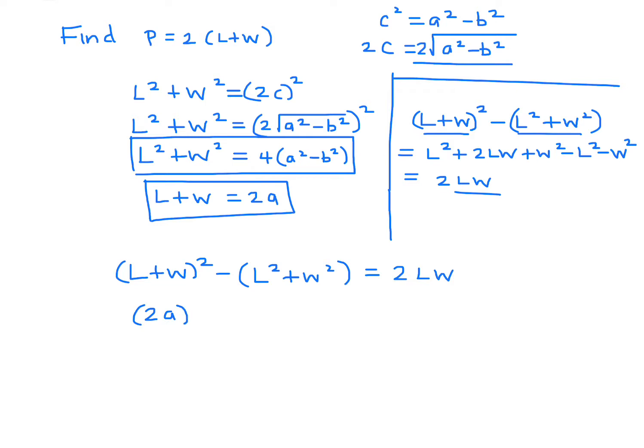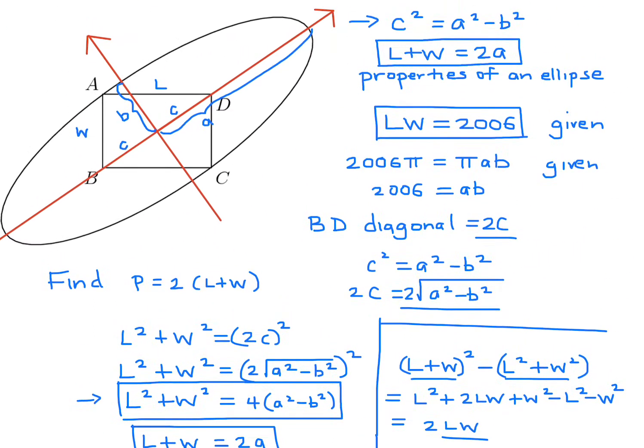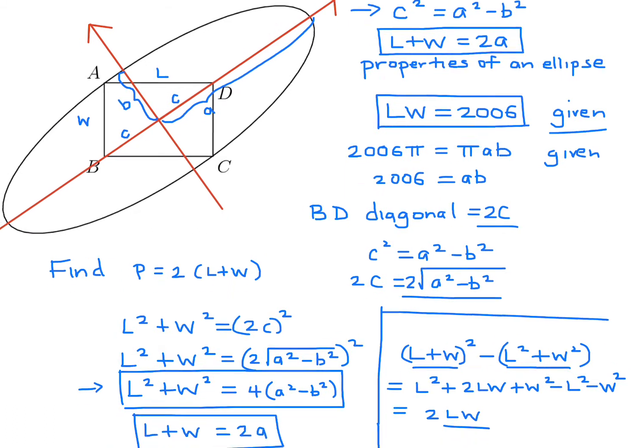So that'll be 2A all squared, minus L squared plus W squared, and that is 4A squared minus 4B squared from up here. And that is equal to 2 times LW. But LW, we know, is 2006. Remember, we were given that actually in the question.